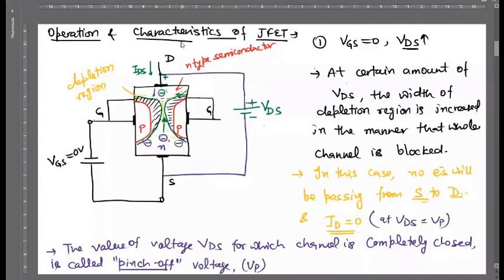And this resistance is very high or infinite whenever VDS equals VP, and this channel behaves as an open circuit for charge carriers and no current flows through this channel. I hope you understood whatever I wanted to deliver in terms of electrical circuit theory.